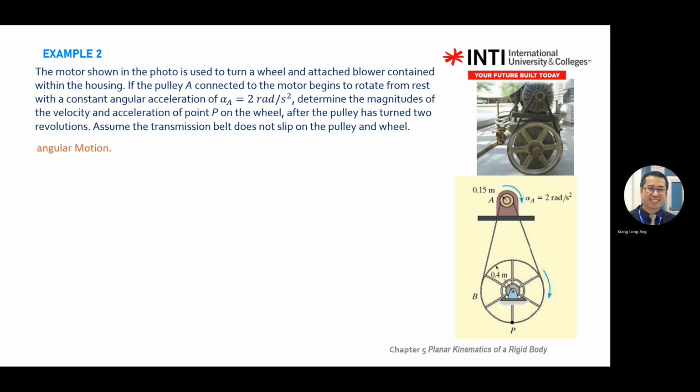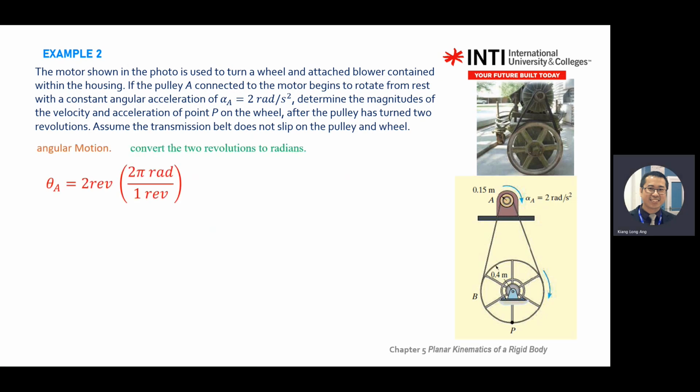Okay. So angular motion, draw your free body diagram. The steps are always the same for chapter 5. Step 1, look at the question, change revolution into radian.